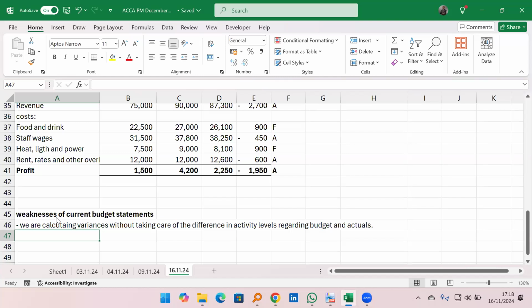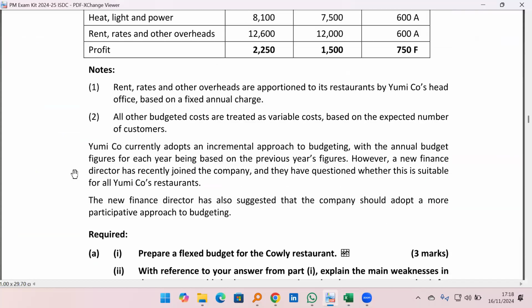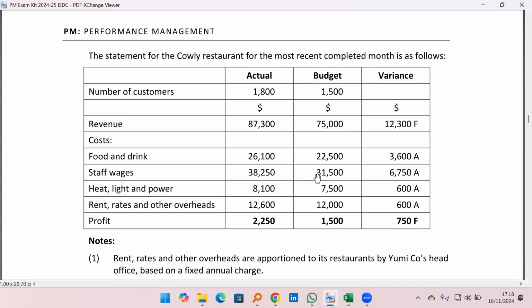Now, the other thing, if you look at what the budget statement is saying, it said every cost was adverse.